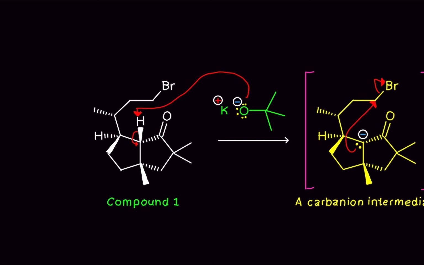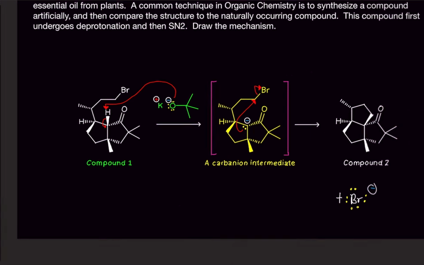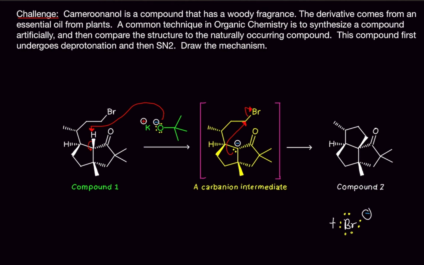We are not doing a nucleophile attack here. This is actually a proton transfer. The oxygen is stealing the proton away. We're not adding this group onto here. That is why.